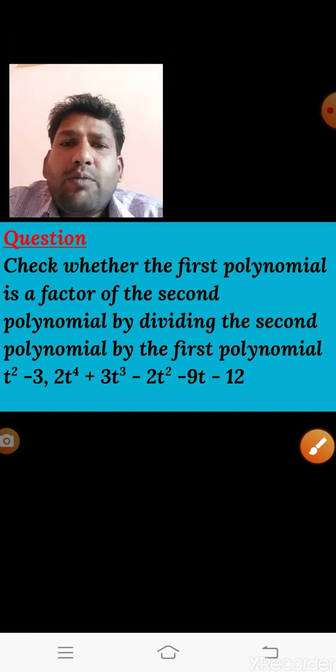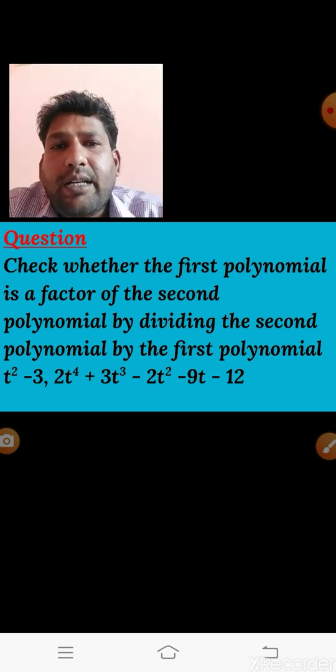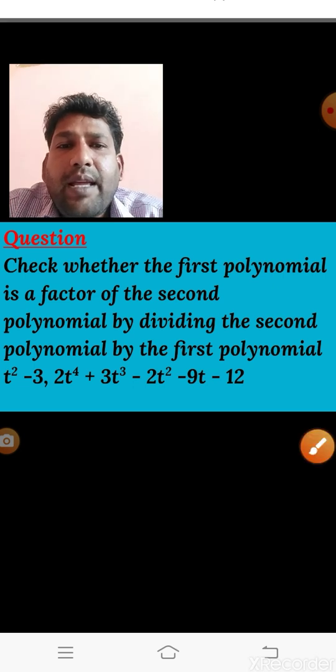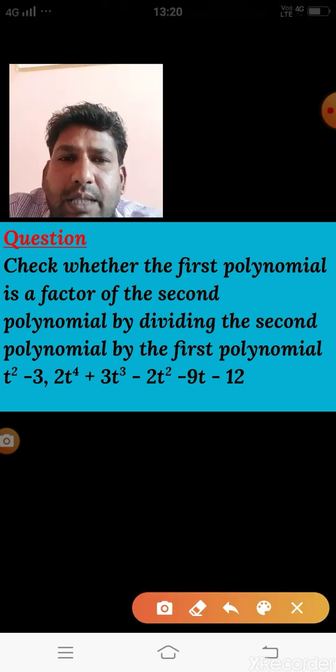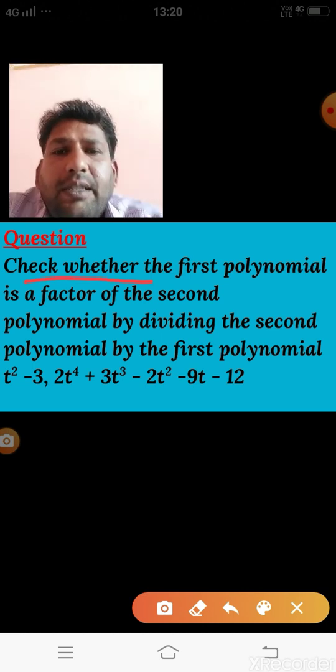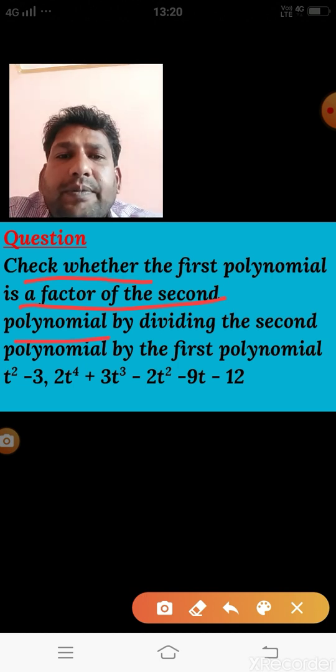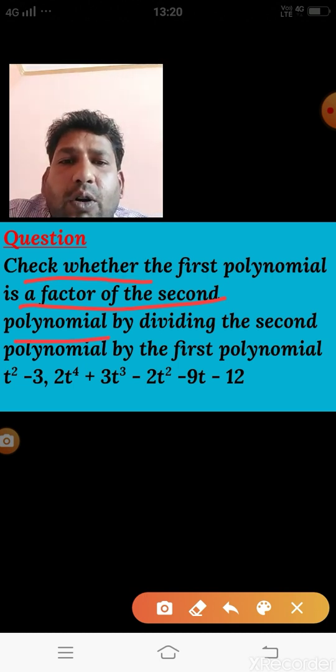Let us consider one more question. In the last question we had two polynomials and we had to find the quotient and remainder. But in this question we have to check whether the first polynomial is a factor of the second polynomial or not.